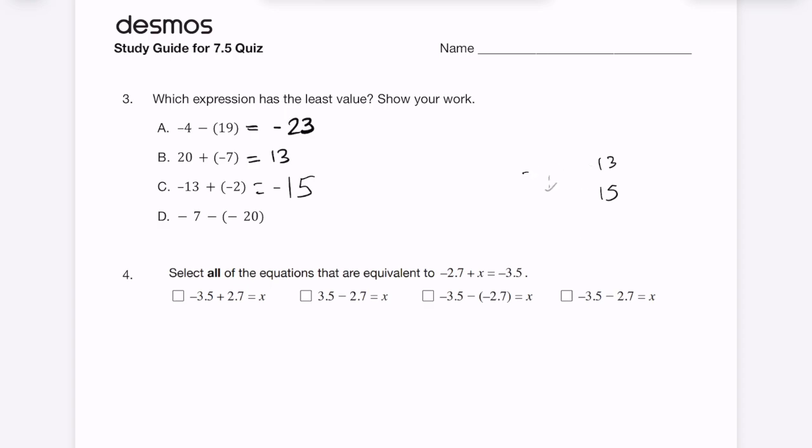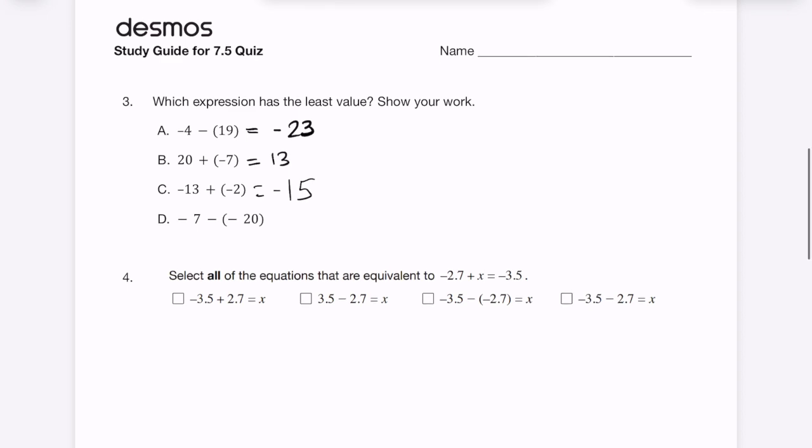And then finally, here we start at negative 7, and we're subtracting a negative 20. So when we subtract a negative number, that's equivalent to adding a positive. Taking away something negative is like taking away an anchor, which makes the ship go up. So here I'm starting at negative 7 and then I go up 20.